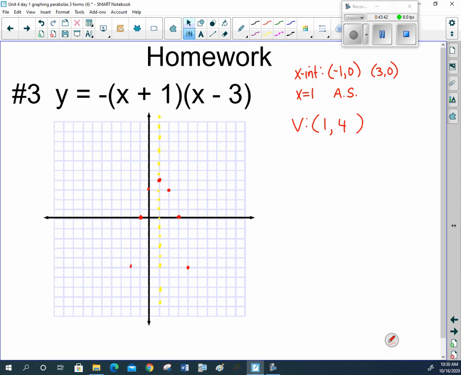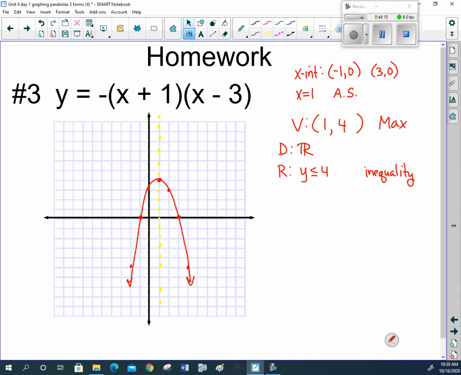We want all of our calculations and our geometry, we want everything to match. So sketch in your parabola. This is a maximum point. The domain is all reals. The range, I'll do this one in inequality notation, is y is less than or equal to 4. That's called inequality. The greater than, less than symbols, that's inequality.